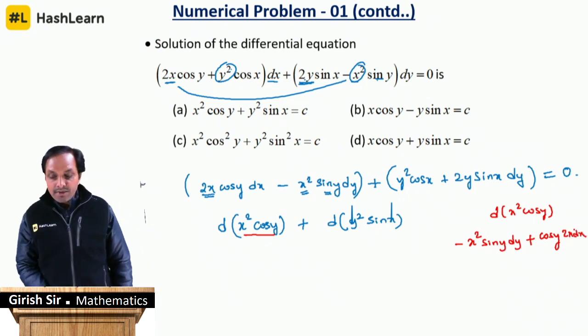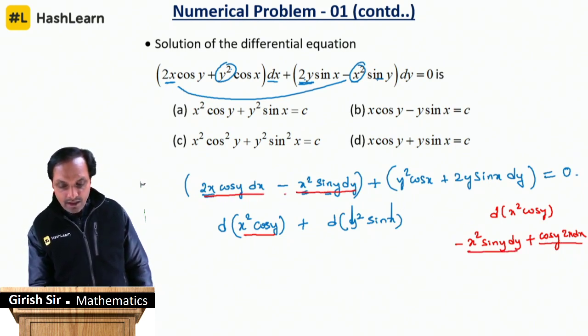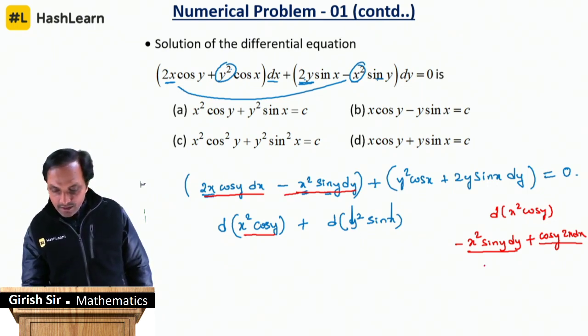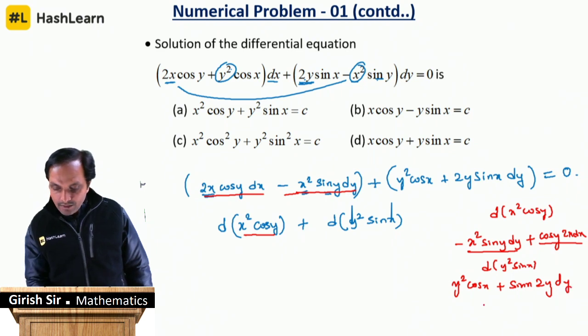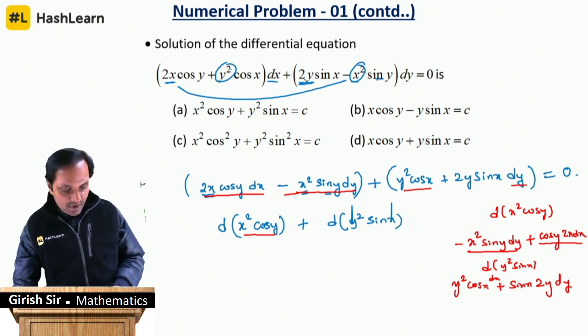Chalo, are you able to see this? 2x cos y dx, which is visible here, x square sin y dy, which is visible here with the negative sign. Okay. Similarly, derivative of y square into sin x. Let me say y square, differentiation of sin x is cos x, plus sin x into differentiation of y square is 2y into dy. So can you observe it is dx here, y square cos x dy. This dx I have left it here, this part should be dx here.